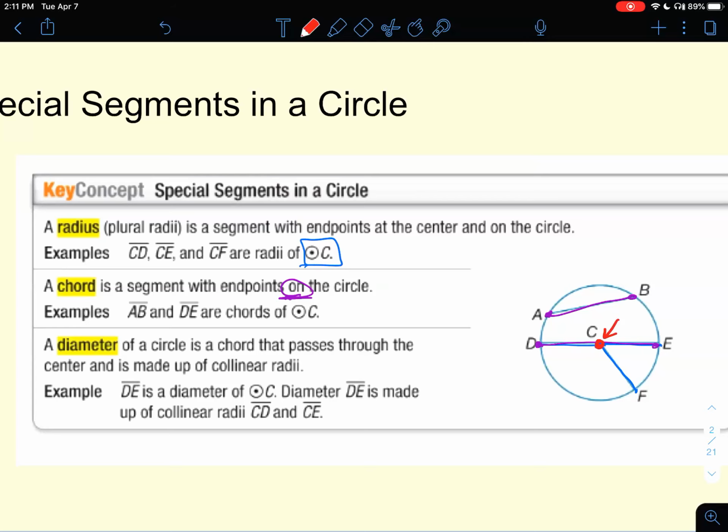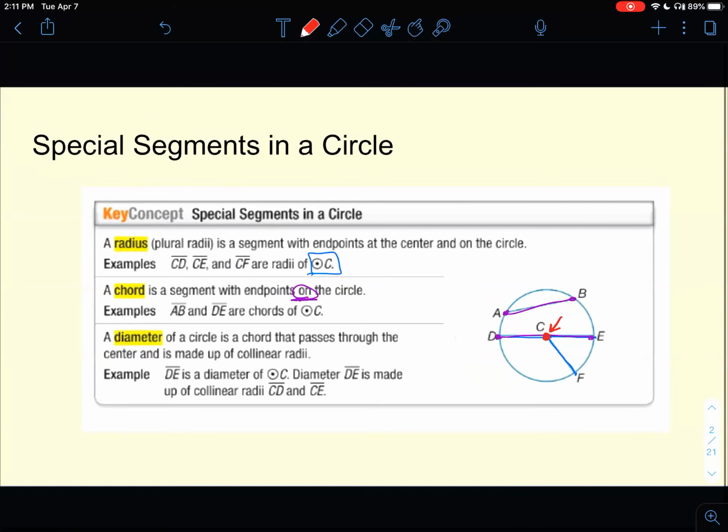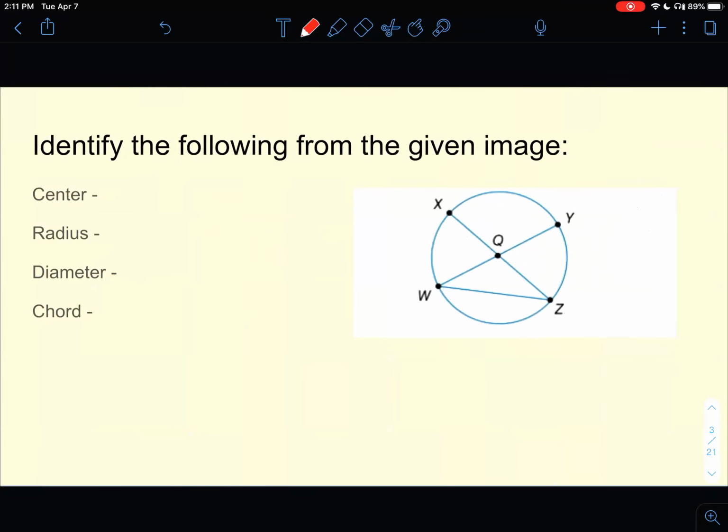All right, so let's go ahead and look at a sample and identify a few of these. Here's our new circle. First of all, let's recognize that our center is Q, so therefore our circle is circle Q. All right, we have a couple of radii.